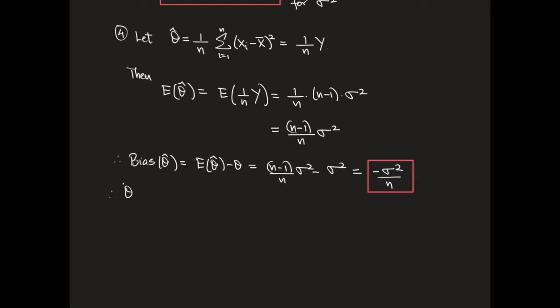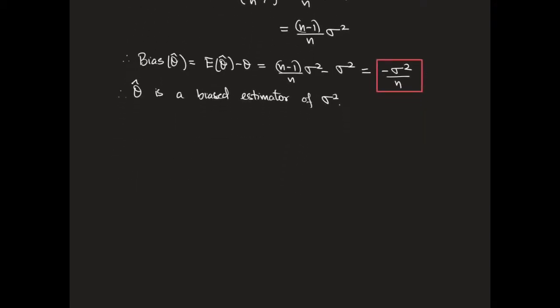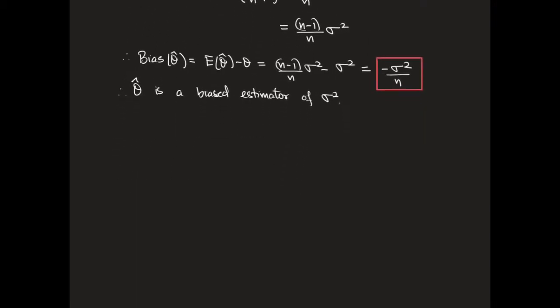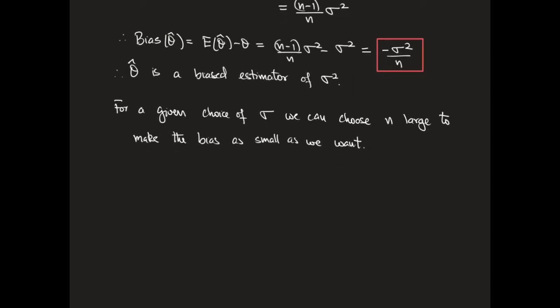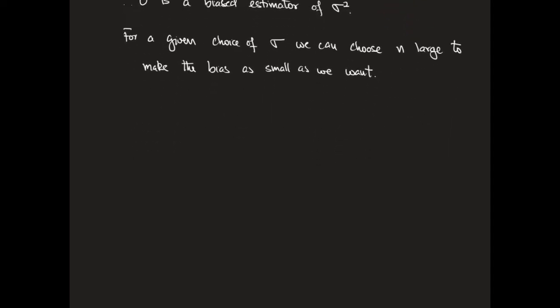This calculation shows that theta check is going to be a biased estimator for the population variance sigma squared. However, notice that since sigma squared is fixed and the sample size can be as large as we want, we can control the bias of this estimator to be as small as we want by choosing a very large sample to work with.